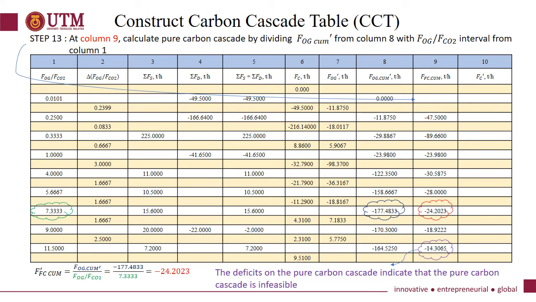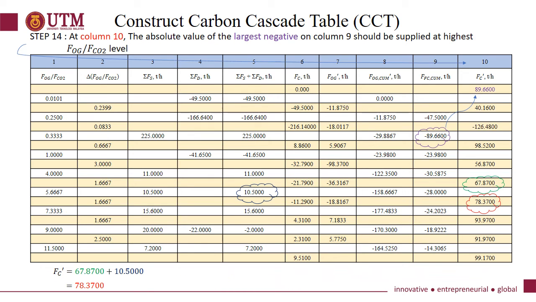As you can see, there is a negative value at column 9, which means there is a deficit on the pure carbon cascade. This indicates that the pure carbon cascade is invisible. Therefore, in order to ensure that there is sufficient fresh carbon at all points in the network, we will have to supply the absolute value of the largest negative number on column 9 at the highest FOG over FCO2 level at column 10.